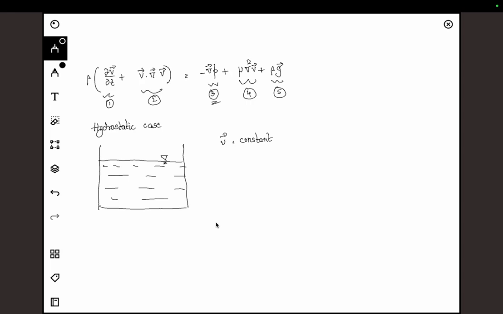So which point? What about the actual velocity, not the difference, but the actual velocity? Okay, when you say difference, between which point and which point were you referring to?